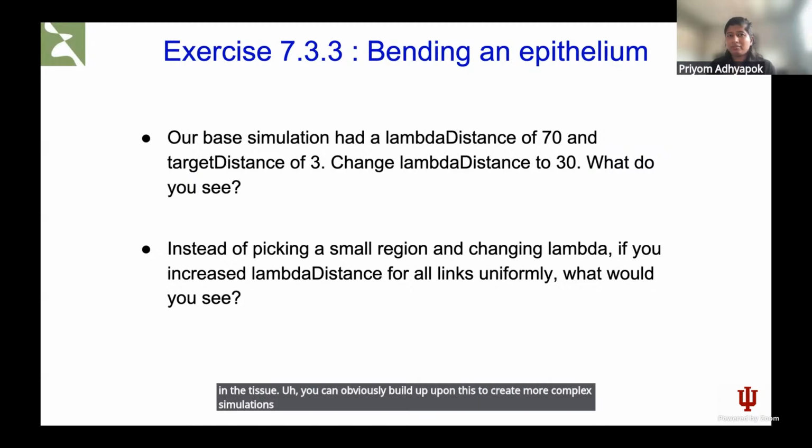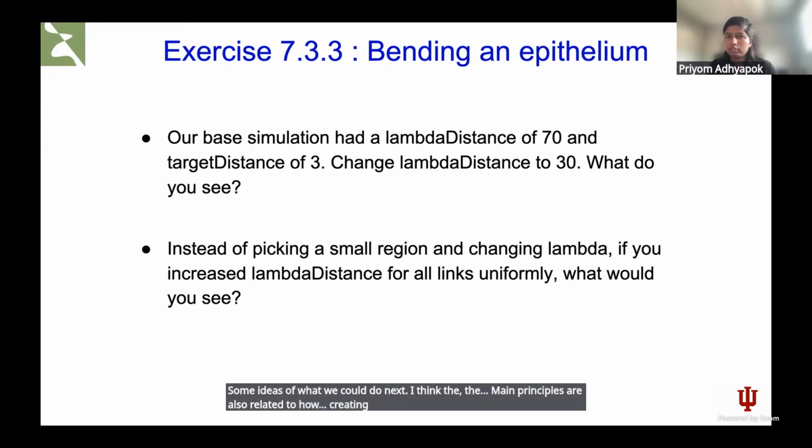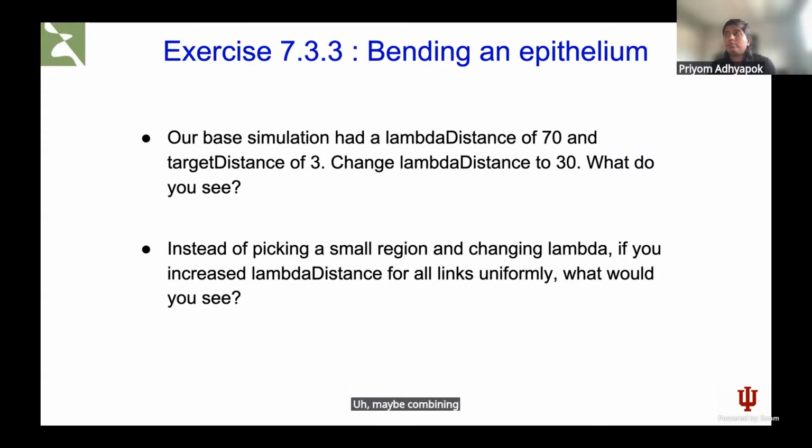I'm going to give you some ideas of what we could do next. I think the main principles are also related to creating links, changing the properties, deleting links, maybe combining them with some plots that you would like to visualize. And hopefully those are the features that will be useful to you.